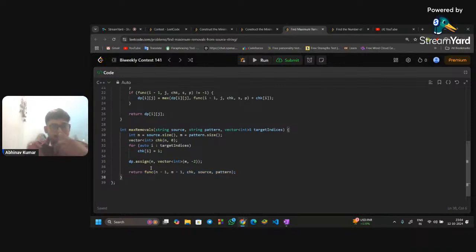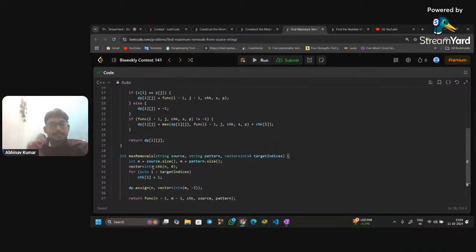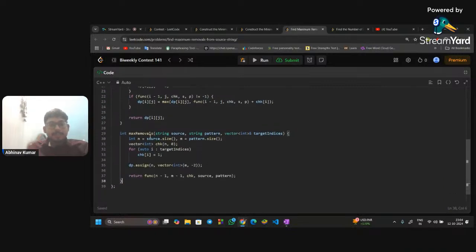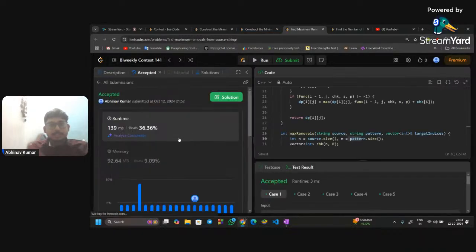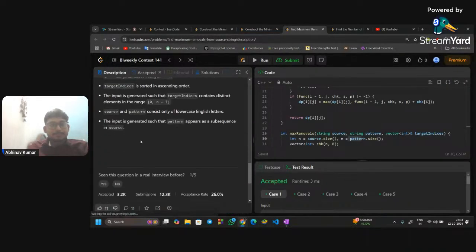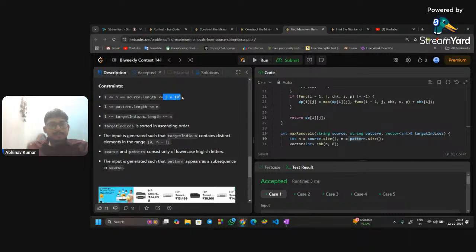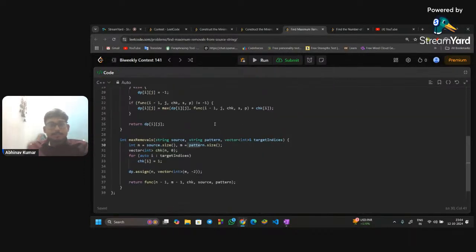What would be its time complexity? We are taking a 2D DP of size n cross m. This n is max 3 into 10 to the power 3. This is my n, and m is also up till n only. At max it would be n.